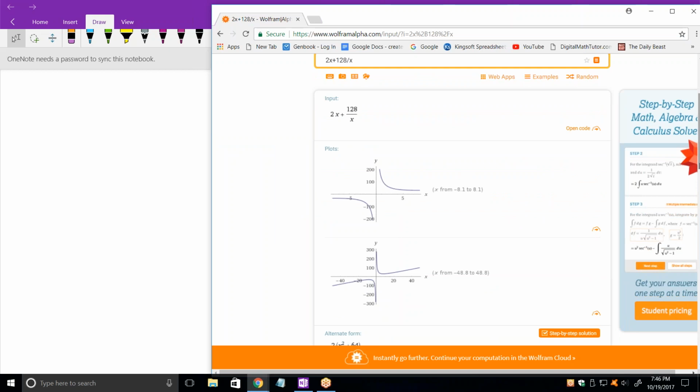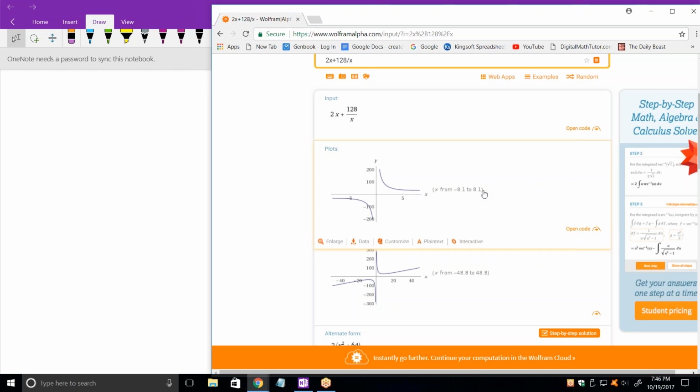And notice the two different views here. Notice that this view does not look much like this view. In fact, if you were to look at the top graph, you might be inclined to say that there is no tangent line that is horizontal, right?